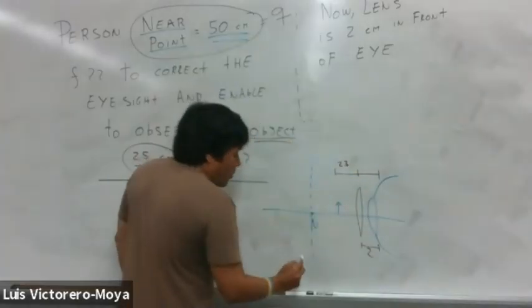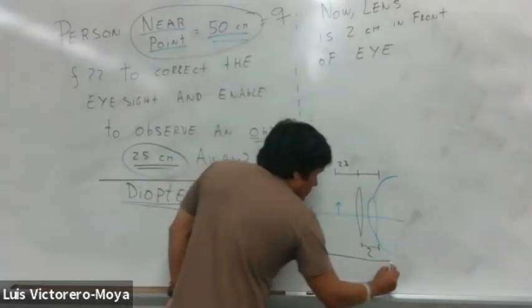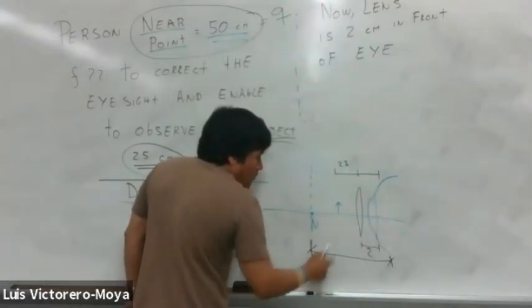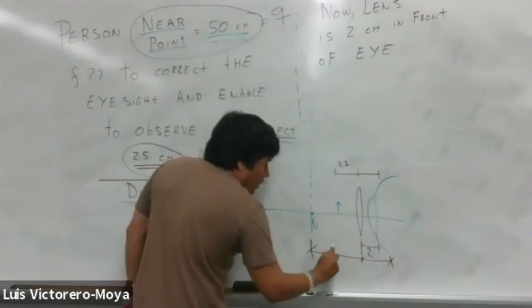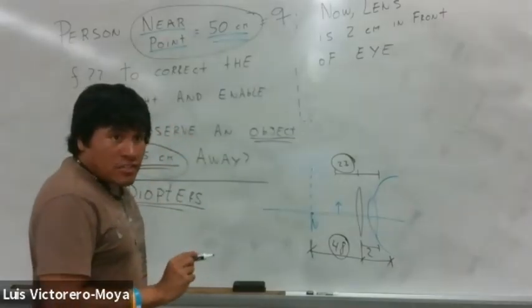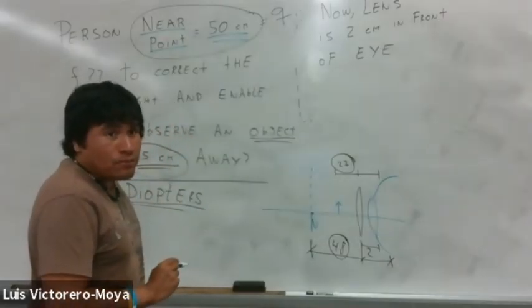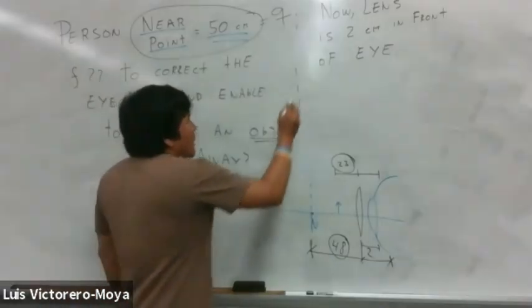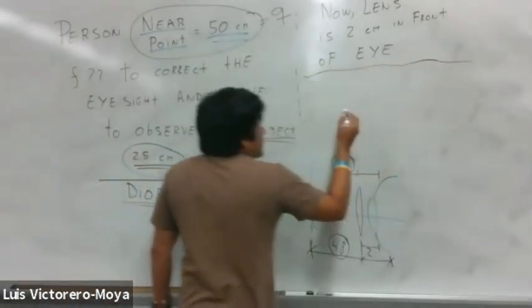But also, the image distance is not 50 anymore. It's 50 minus 2, which is 48. So the object distance and the image distance both get reduced by 2. And you may think that there won't be any changes, but remember the equation has inverses.